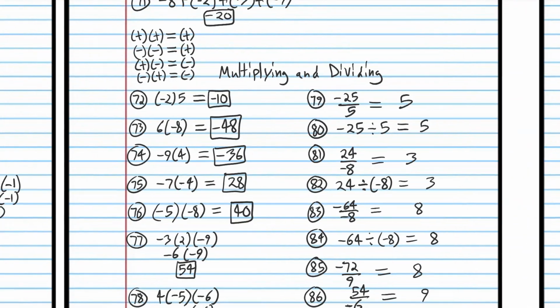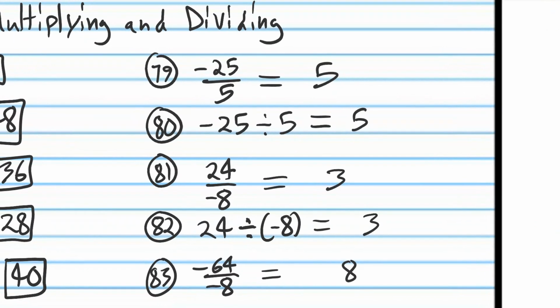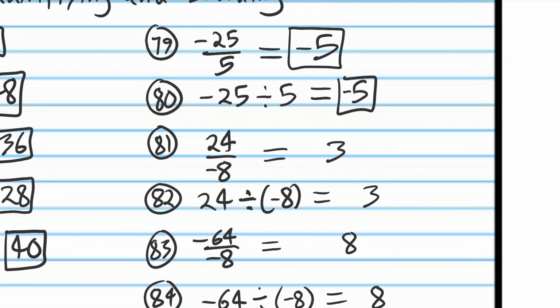So if you have unlike signs, a negative divided by a positive, you get a negative. They're unlike signs, they don't like each other, so it's a negative situation. Same thing there. And by the way, if you divide a negative by a positive, you get a negative, but if you divide a positive by a negative, it's the same thing. No difference.